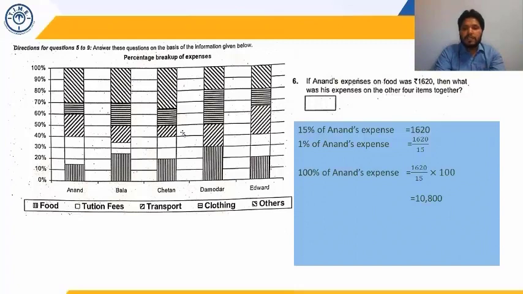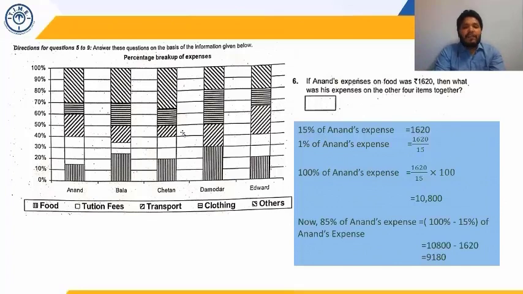If 1% is this much, what is 100% of Anand's expense? 1620 divided by 15 into 100, which comes out to be 10,800. Now we need to find out 85% of Anand's expense, which is 100% minus 15%, so 10,800 minus 1620, which comes out to be 9180.